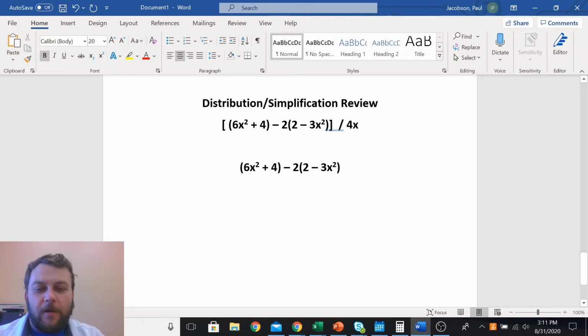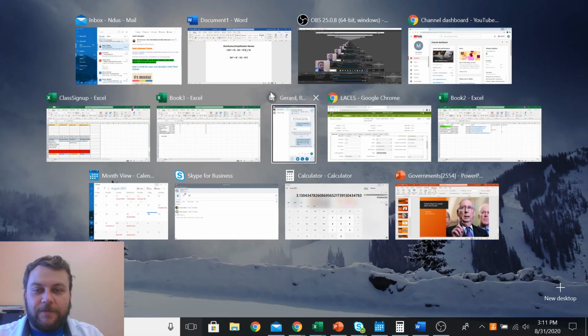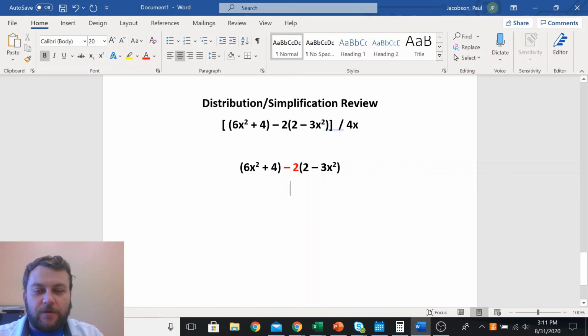So let's distribute a negative 2 through the parentheses. You multiply everything inside that parentheses by a negative 2. So we are left with a 6x squared plus 4.